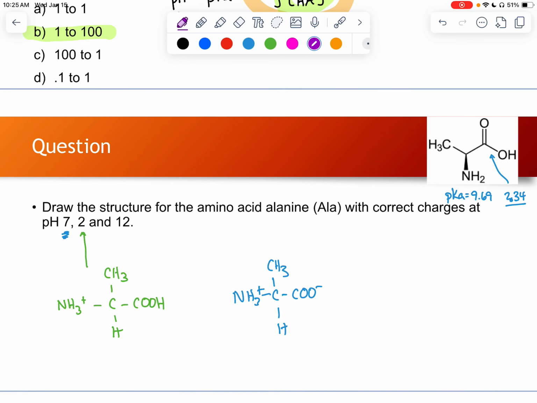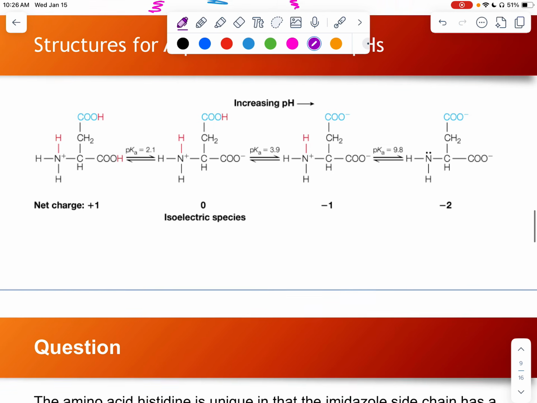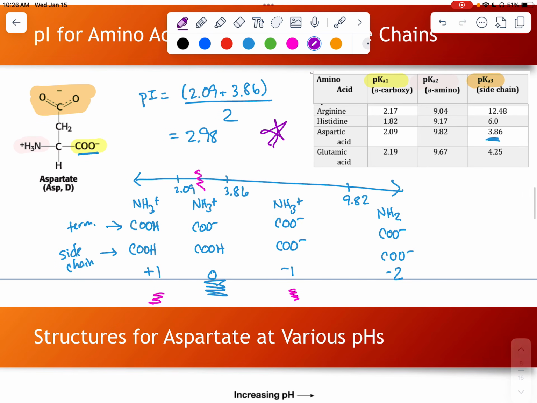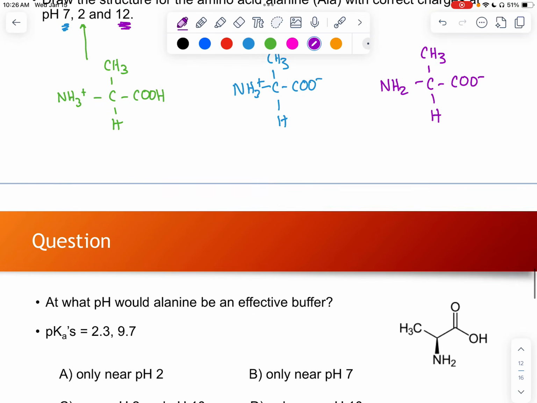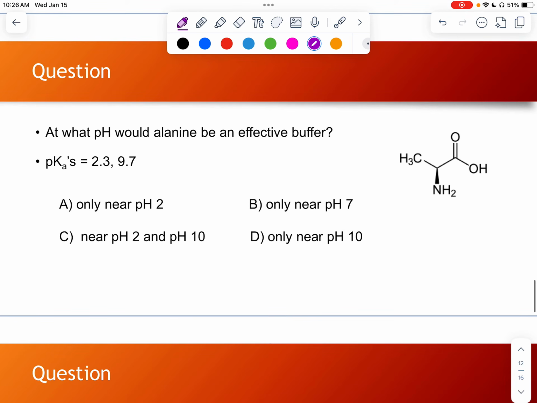And if I look at pH of 12, now I'm above both, so I expect them both to be deprotonated. Okay, so I could ask you to calculate ratios like we did here. I could ask you to calculate the pI value like we did here. I could ask you to draw structures and tell me what the structures look like at a specific pH.